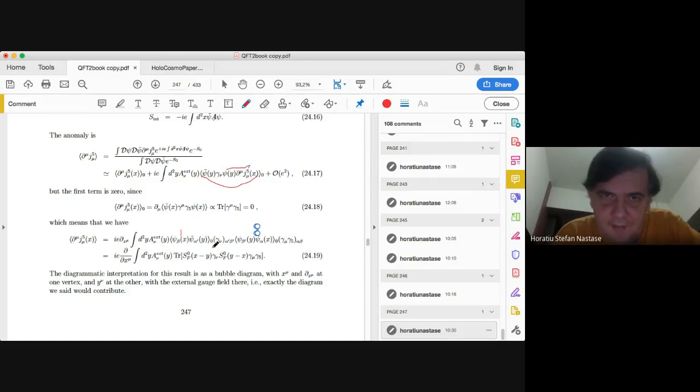So I have the vev of ψ_β of x, ψ̄_α′ of y, in the tree, or unperturbed, path integral. Then the same thing for ψ_β′ of y, ψ̄_α of x. So this is the free propagator between x and y. This is another free propagator, but from y to x.